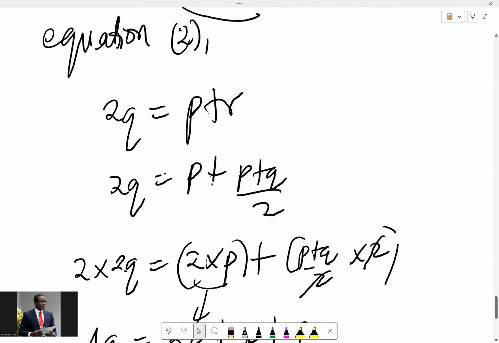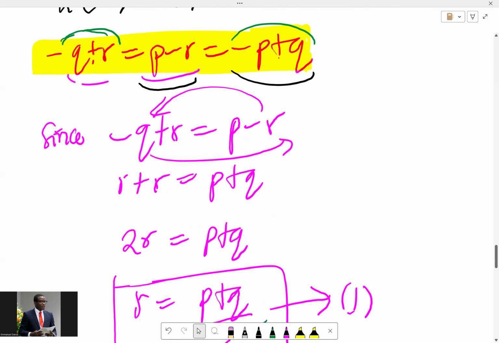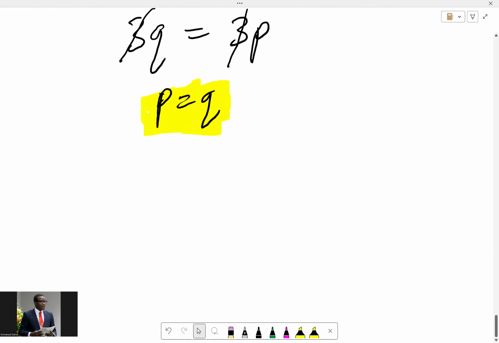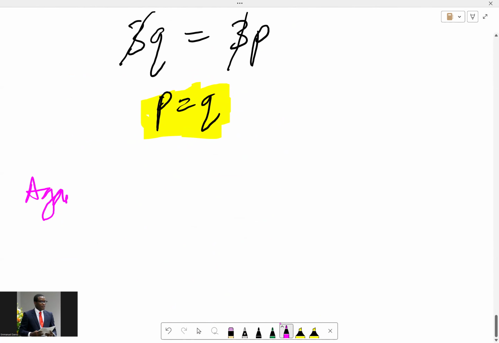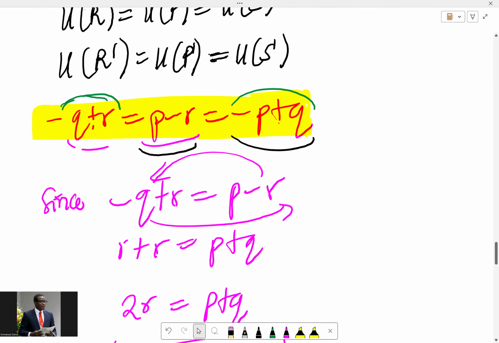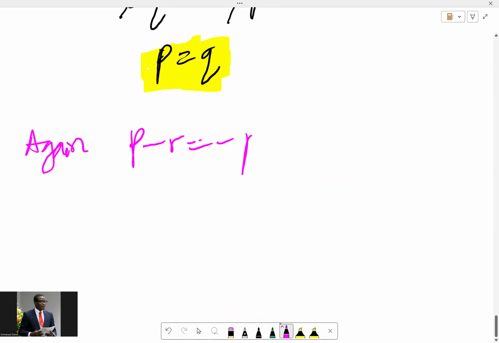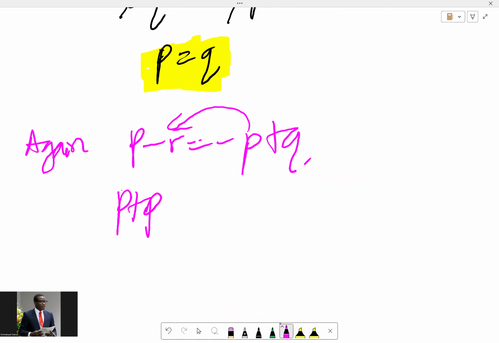Now, we still have one pair we have not taken. Can we take the last pair? This is P minus R equals minus P plus Q. So that means P plus P equals Q plus R, because minus R can become plus R here.